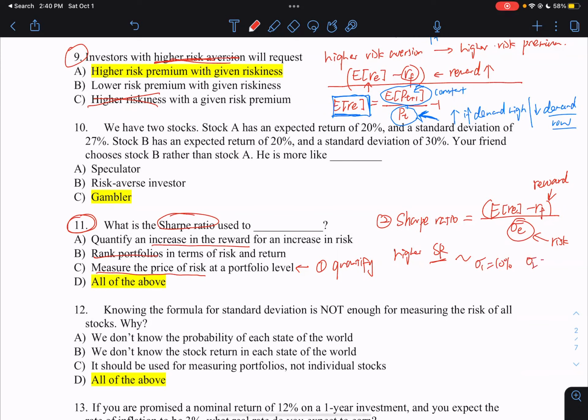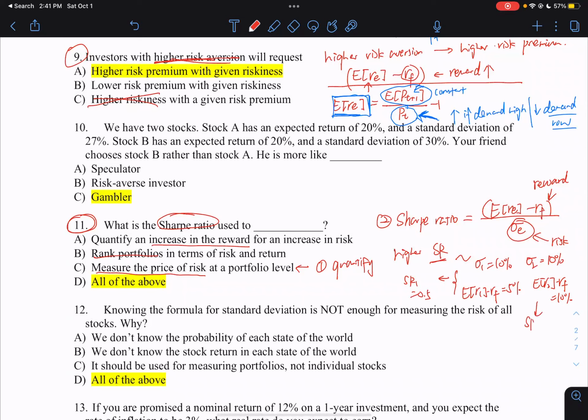Portfolio 2 also gives you a 10% standard deviation. But for portfolio 1, the numerator or the reward is 5%, while for portfolio 2 it is 10%. If you calculate the Sharpe ratio here, Sharpe ratio 1 would be 0.5, right?